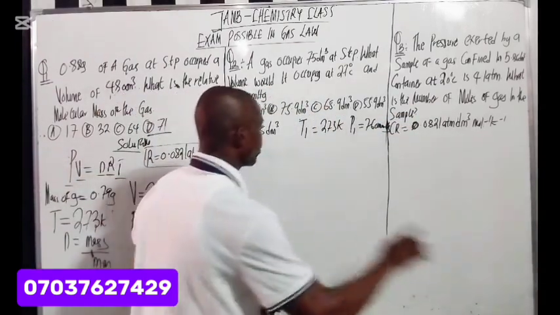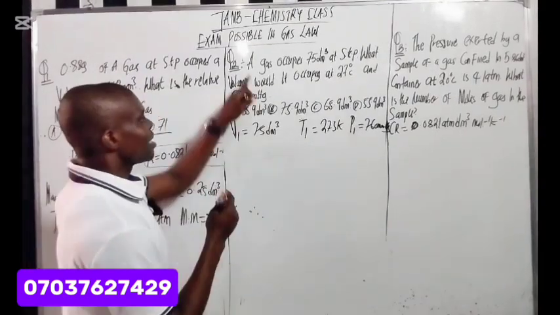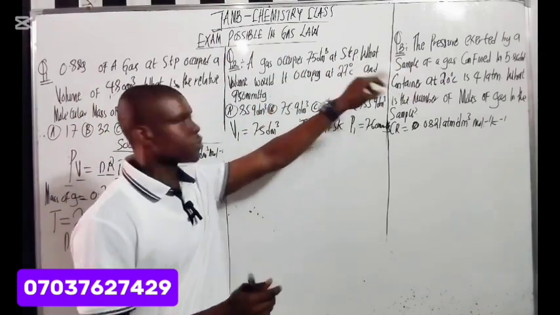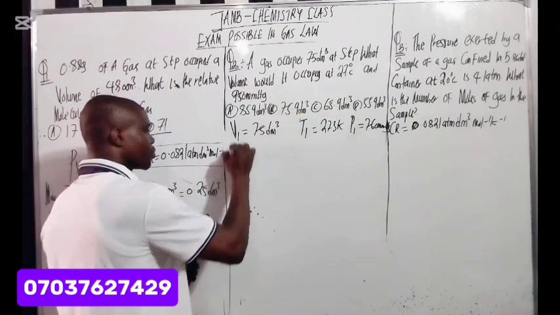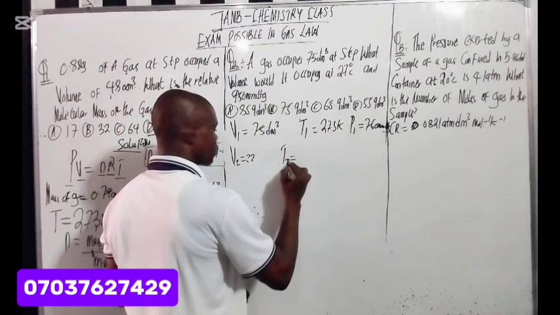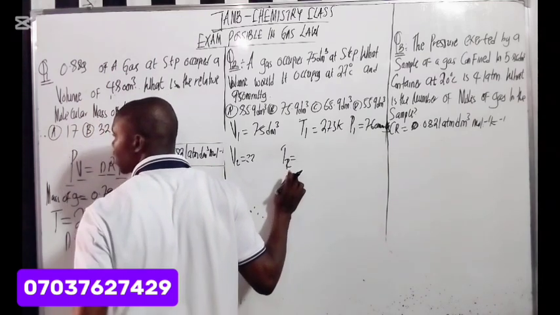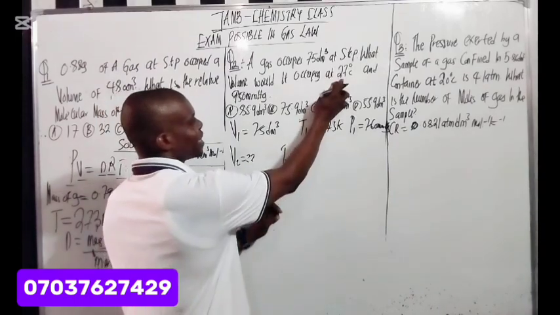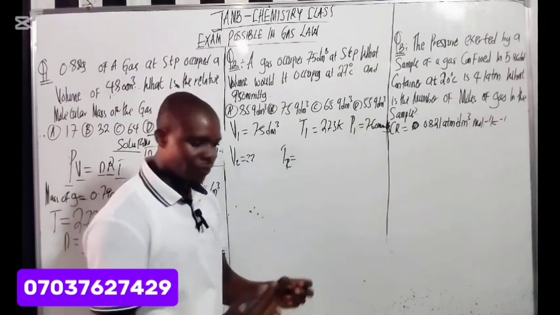Now, why are we using V1, T1, P1? If you check very well, a gas occupies 750 dm cube at STP, so these are my initials. Now what volume will it occupy at the new conditions? So V2, and my temperature T2. Here we have 27 degrees centigrade. Remember, when I have degrees centigrade, you have to convert to Kelvin.